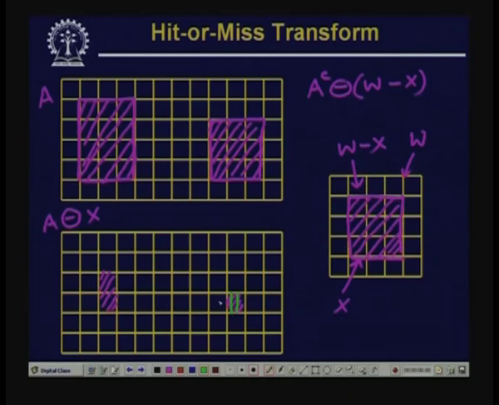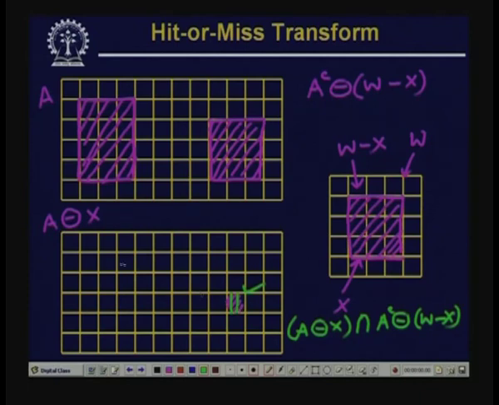Now, if I take the intersection of A eroded with X, which is one set, with A complement eroded with W minus X, then I get a single point, which is only this point. And this point identifies that this particular object X is located in this particular location.